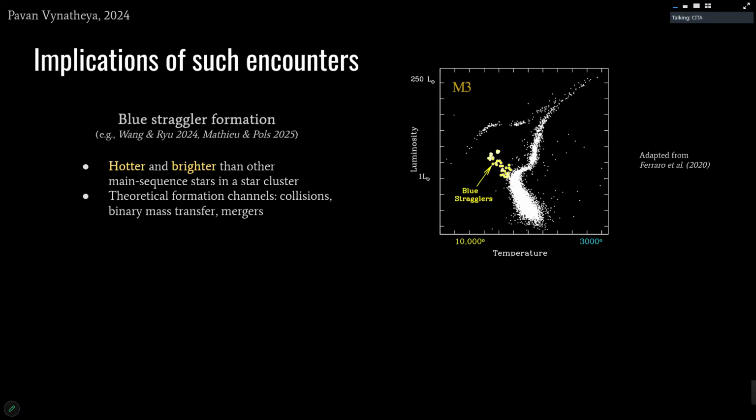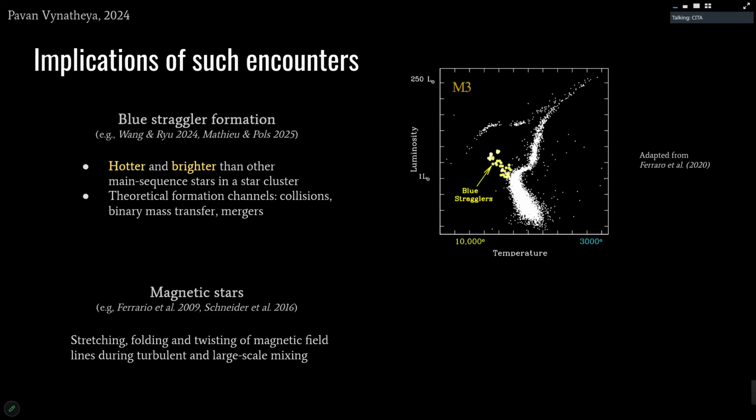Another implication of this is magnetic stars or stars with higher magnetic fields than usual. Typically, any magnetic field can be amplified when there is significant mixing of material and there is specifically turbulent mixing of material.